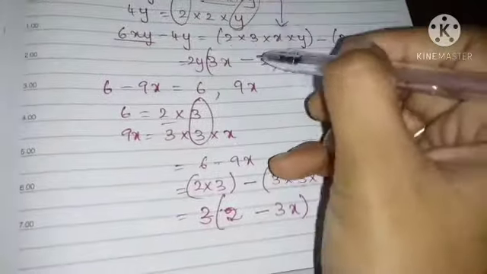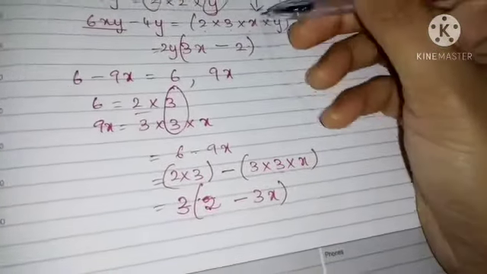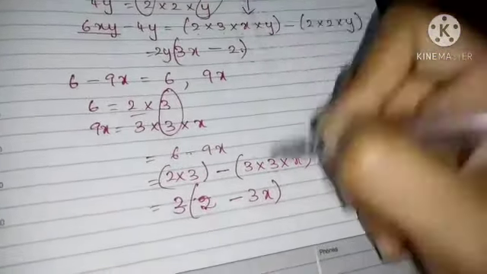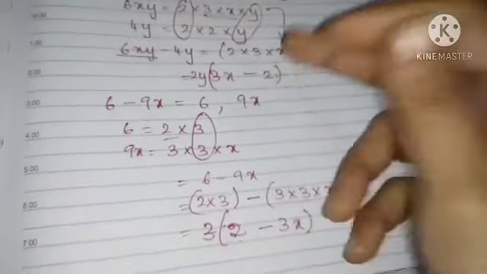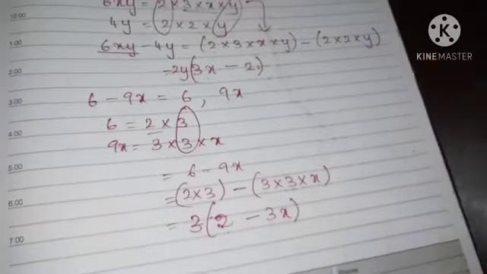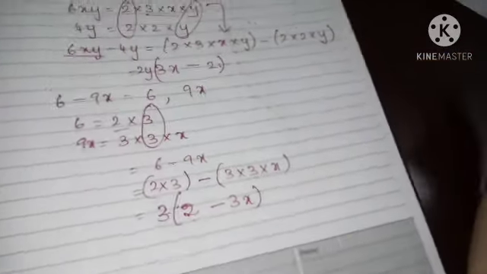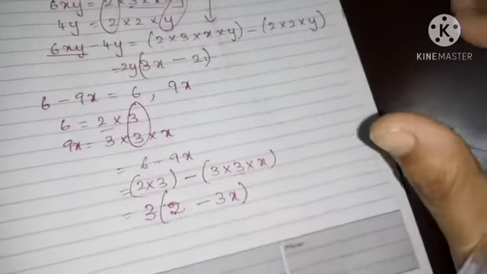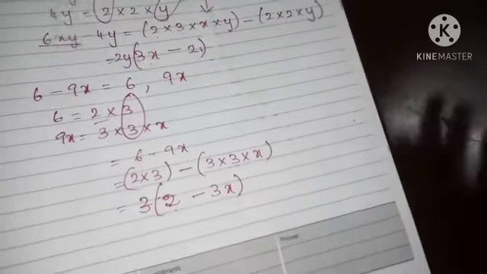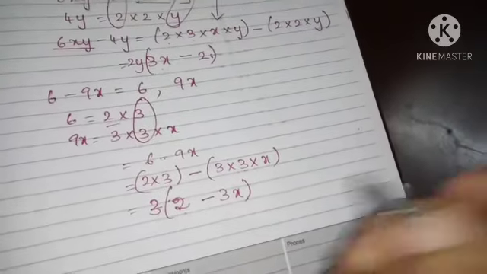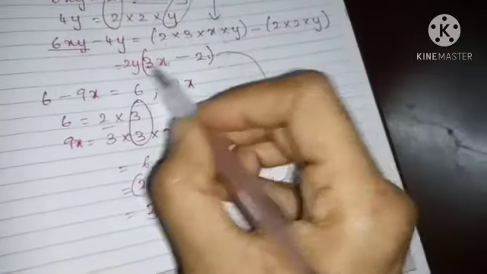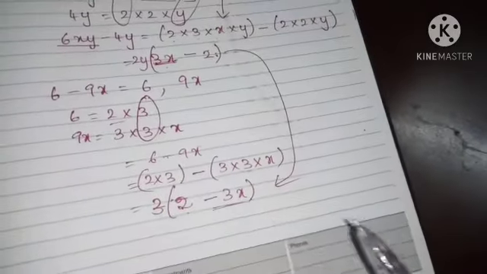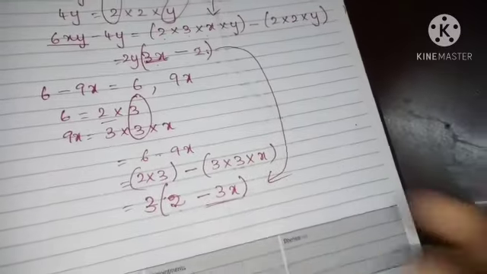Now I have to combine these two. Okay, listen children, in these two terms, 3x minus 2 and 2 minus 3x, both are actually the same, but the only thing is they have a different sign. So here 3x is positive, here 3x is negative. If I want to make this positive, what should I do?